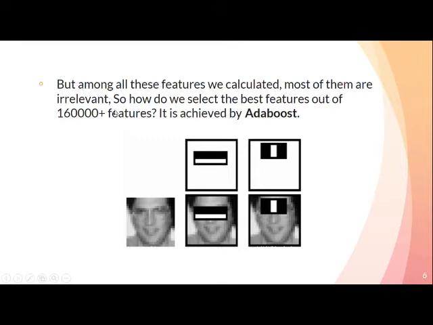For that we use AdaBoost. But there is also a second problem: the calculation is big, because for 1.5 lakh features we have to add the pixels under the white rectangle and the pixels under the black rectangle, and subtract them. So how do we minimize that?